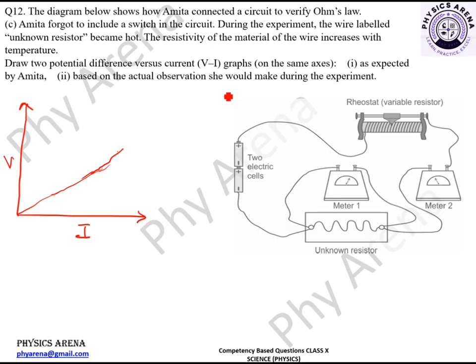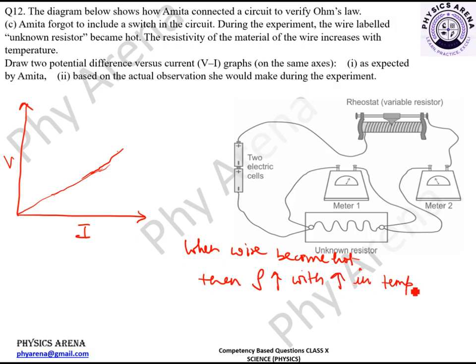But now, when the wire becomes hot, then the resistivity rho will increase with increase in temperature. And due to this, R will also increase.